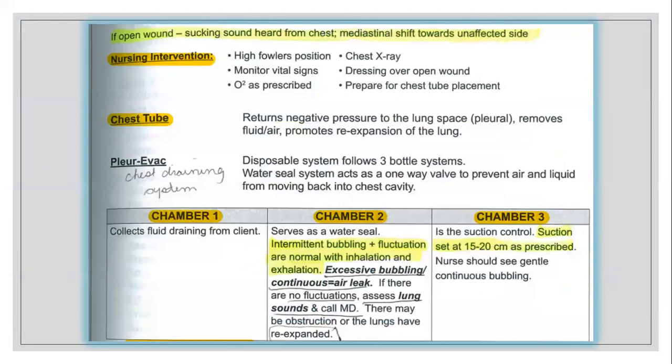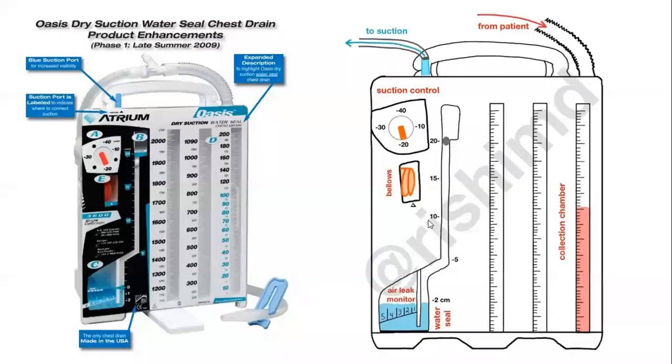So if I go back here, I said the collecting chamber, water seal chamber, and suction control chamber. It is very important. Every student must know this for the board exam, because NCLEX asks this question.